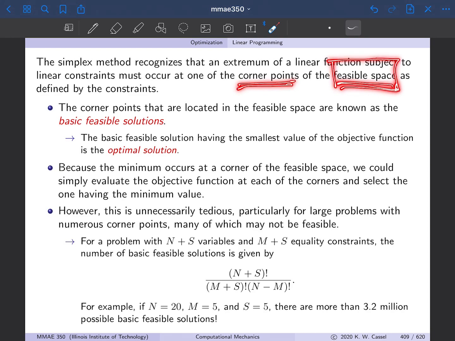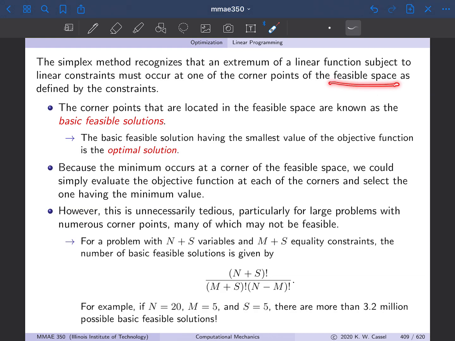So that's the feasible space. And then one of the infinity of points in the feasible space is the optimal point, and that is the point that we're looking for. And remember from our discussion last time, the optimal point has to be at one of the corners of the feasible space. You can remember those feasible space diagrams we had from last time.